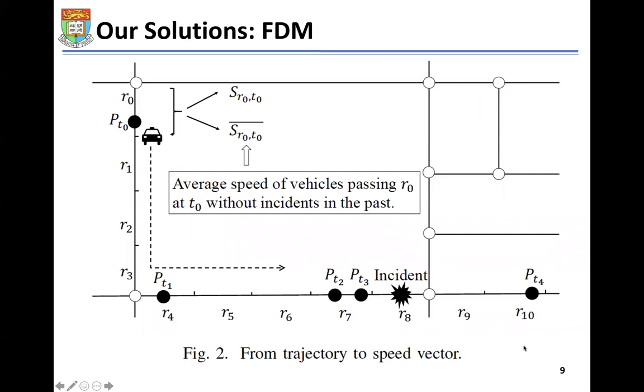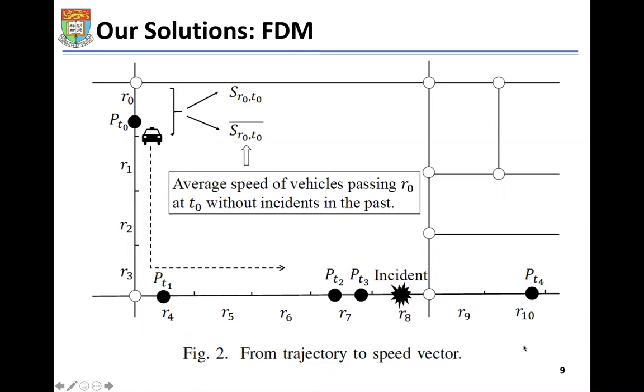In figure 2, we illustrate the trace of one vehicle passing through the incident location from road segment R0 until R10 in the road network, where the sequence of black dots PTI represents one trajectory, and the black explosion mark stands for an incident. For each road segment Ri, we have a time Ti when the vehicle passes through Ri and a corresponding speed.